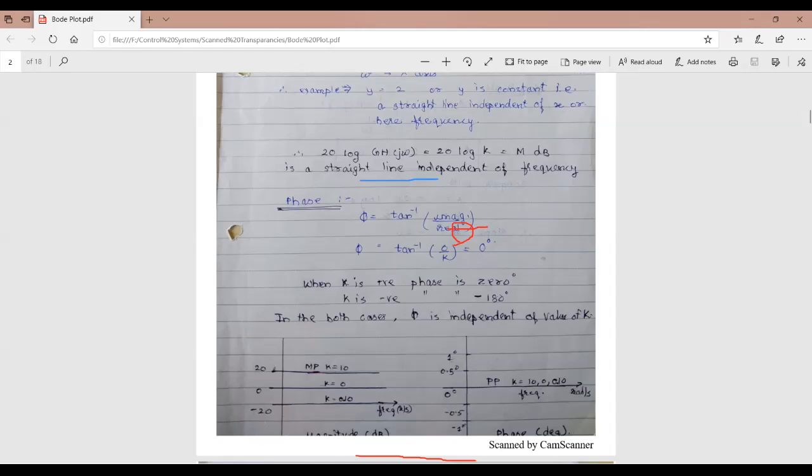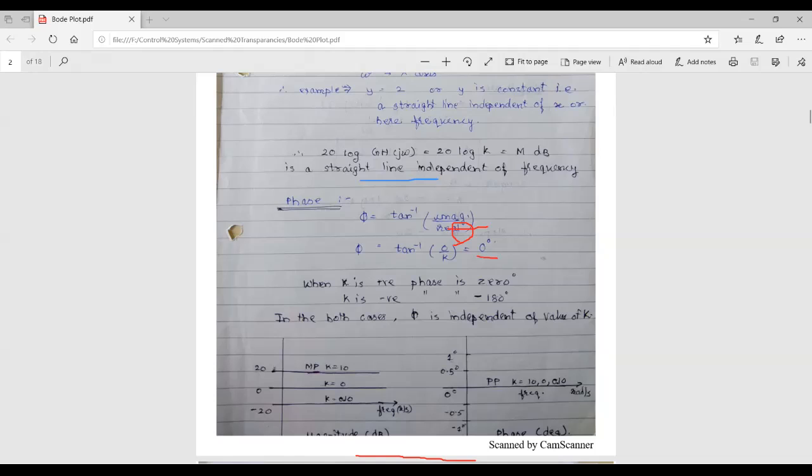What does this tell you? That if your G(s)H(s) is equal to K, only open loop gain K, then its magnitude contribution is 20 log of K and phase contribution is 0. That means your open loop gain K does not affect the phase plot. Open loop gain K will only affect the magnitude plot by the magnitude 20 log of K.